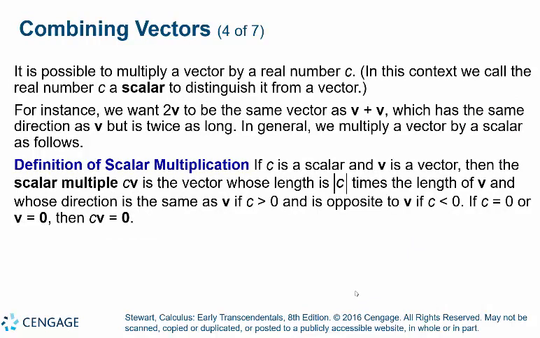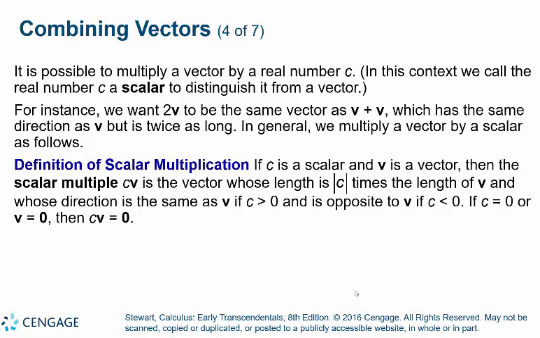All right, next, it's possible to multiply a vector by a real number c. In this context, we call the real number c a scalar to distinguish it from a vector. So for instance, if we wanted to write 2v to be the same vector as v plus v, which has the same direction as v but is twice as long. In general, we multiply a vector by a scalar as follows. It's pretty straightforward.